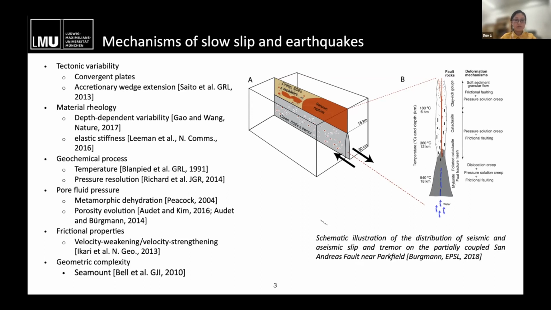And the variation of temperature and pore pressure with depth, and the change from velocity weakening to velocity strengthening at different fault depths, can generate slow slip or significantly affect it. Also geometric complexity, for example a seamount on the shallow part of the subduction fault, can give rise to or promote the nucleation of either slow slip or shallower earthquakes. So there is very large complexity in the source of earthquakes and slow slip.